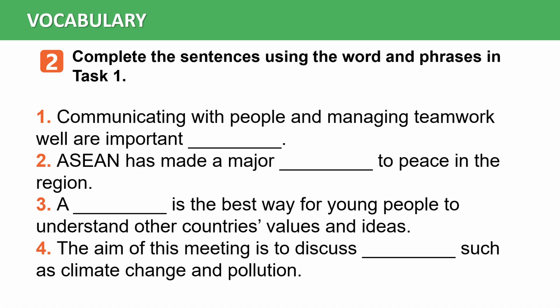1. Communicating with people and managing teamwork well are important leadership skills. 2. ASEAN has made a major contribution to peace in the region. 3. A cultural exchange is the best way for young people to understand other countries' values and ideas.